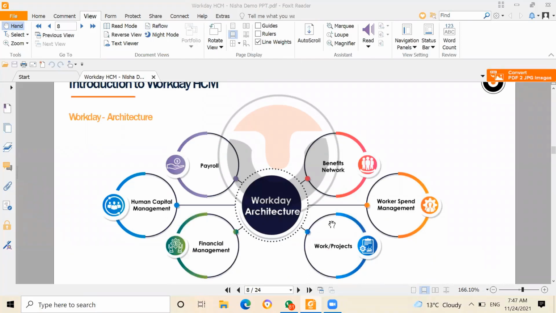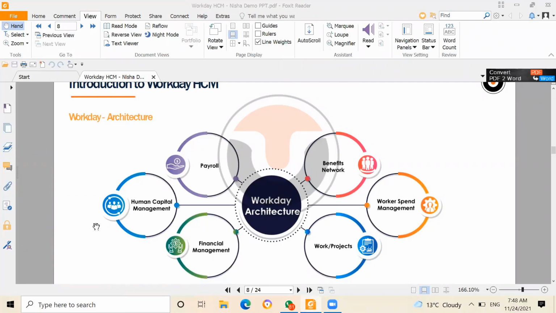Architecture is all about their processes, as I told you. If you remember, I told you this is a technical thing. Workday architecture covers business process functionalities going on per device, their roles, employee benefits, work projects, financial system, human capital management.